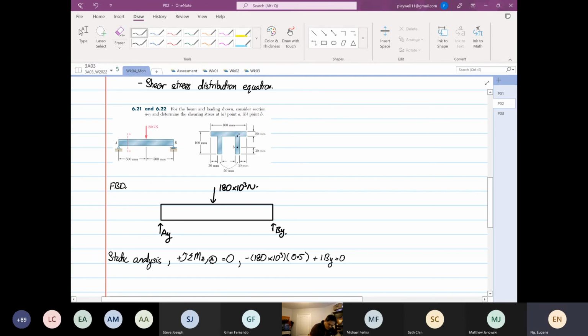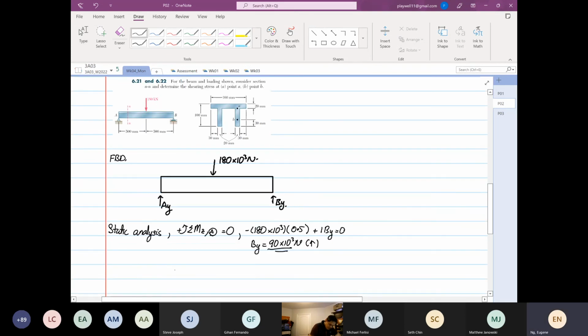So BY is equal to 90 times 10 to the power 3 Newton. Then you can take summation of forces in the y direction: AY minus 180 times 10 to the power 3 plus BY, which is 90 times 10 to the power 3, and you will realize that AY is equal to 90 times 10 to the power 3.